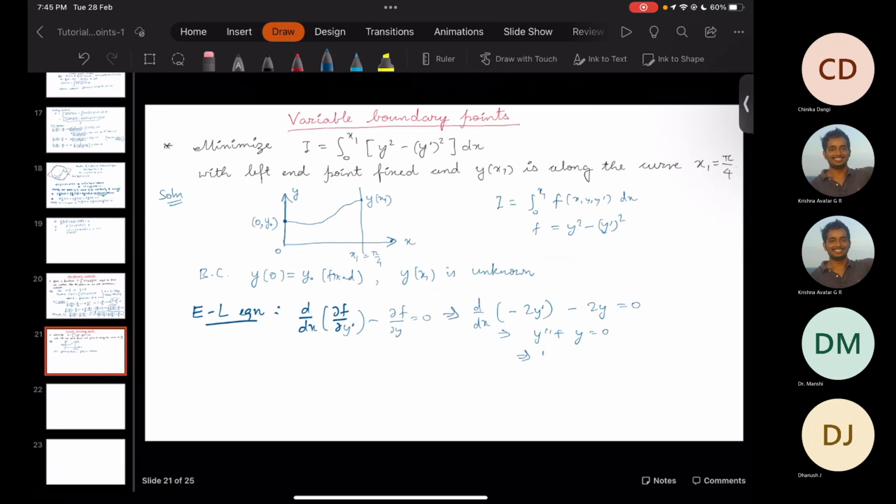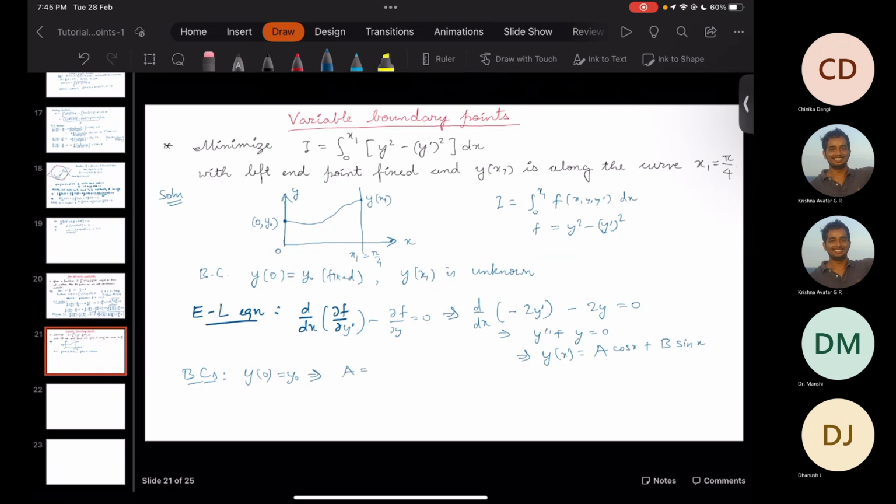And the general solution is y of x is equal to A cosine x plus B sine x. Now let's look at the BCs first, and those will be used to evaluate the constants A and B. So y of 0 is equal to y0.